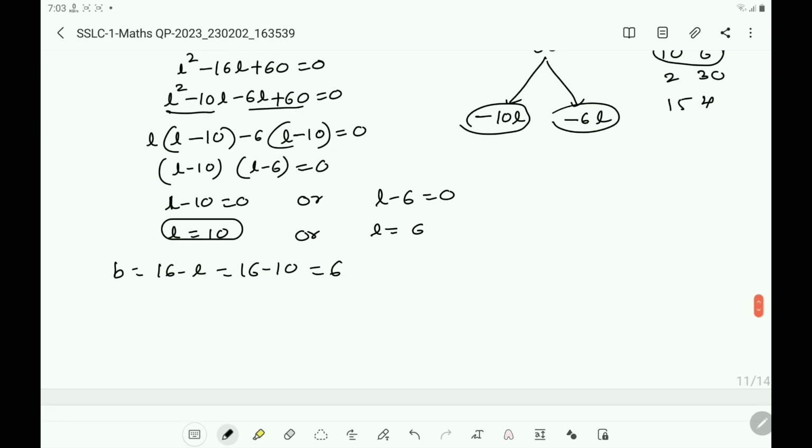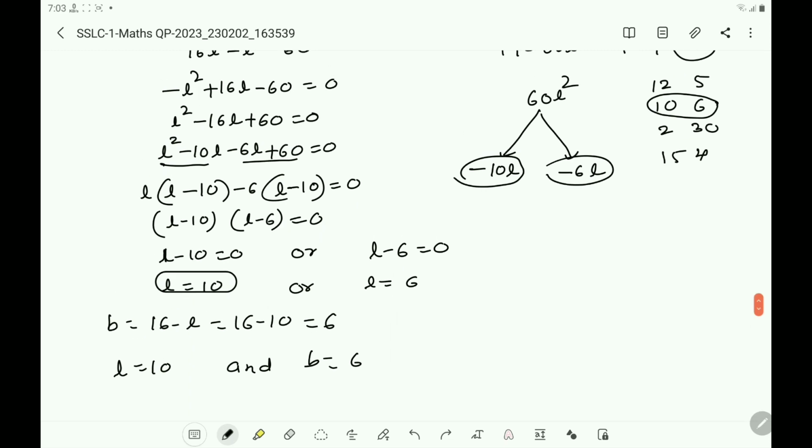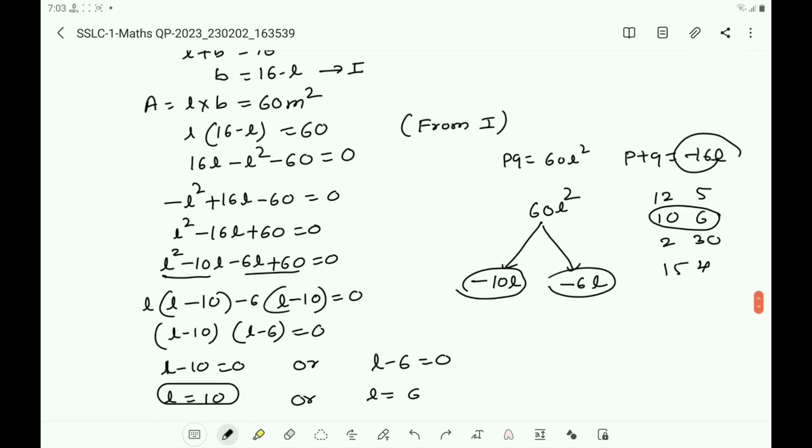Therefore you can take L equals 10 and B equals 6. So L into B, 10 into 6, is equal to 60, and L plus B, 10 plus 6, 16, into 2 becomes 32. That is perimeter 32 and area 60.